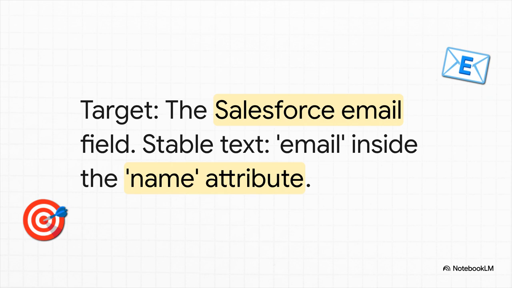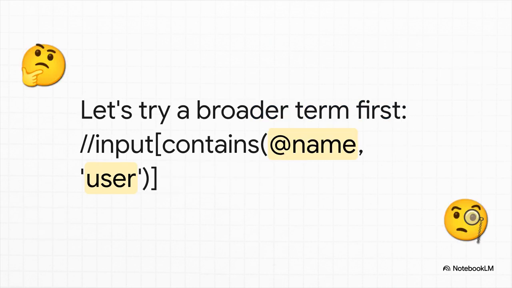So, our target for today is the email field on a Salesforce page, a pretty common scenario. After we inspect it, we can see it has a name attribute. And if you look inside that attribute's value, the word email is right there. That looks like a fantastic, stable piece of text we can latch onto. Okay, so a common first attempt might be to use a broader term.